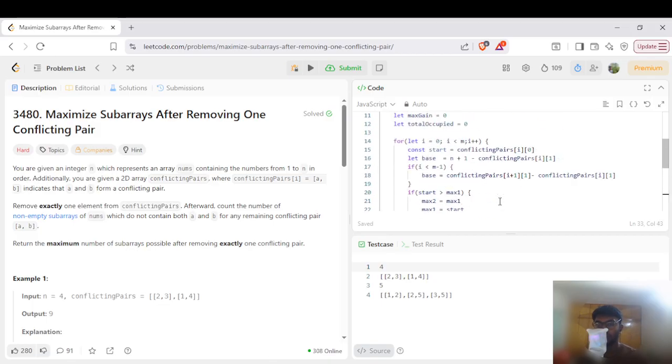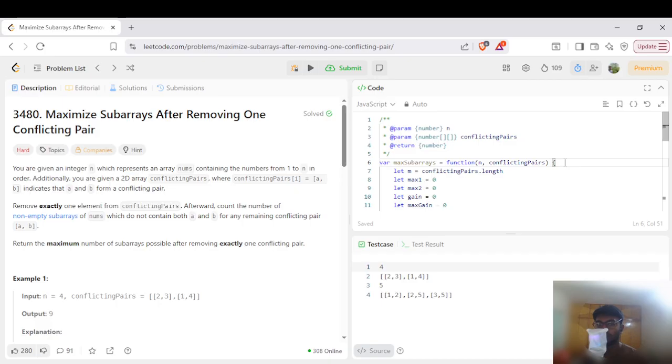So this is all that we need, and as we discussed, we will be sorting the conflicting pairs just to make the greedy approach work smoother, as we planned.